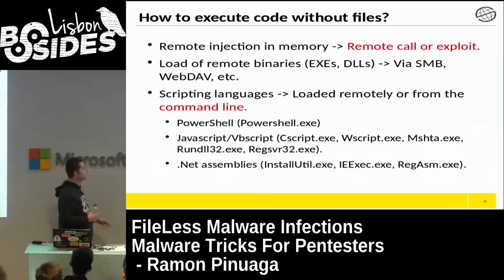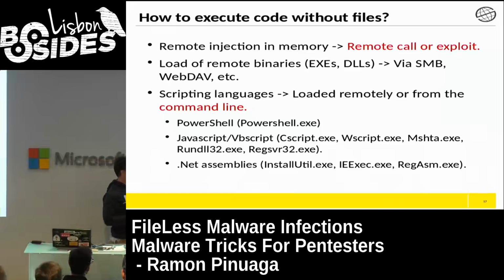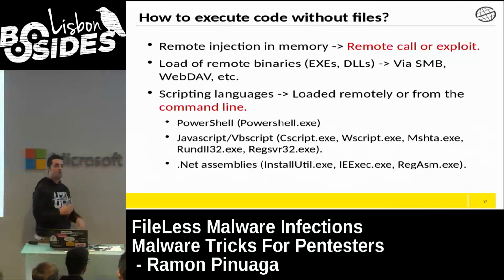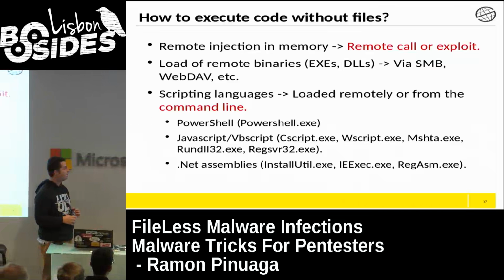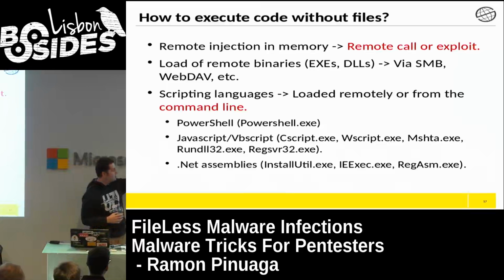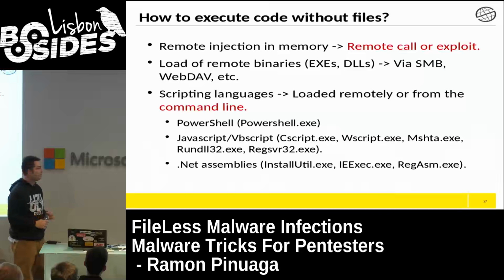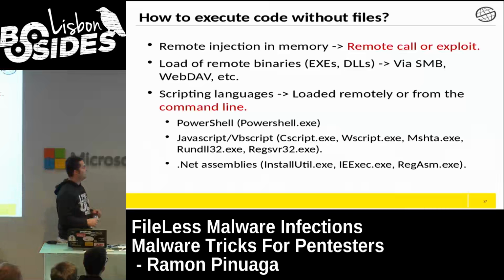For example, we can use cscript, we can use mshta, rundll32. We can use different binaries for loading this kind of scripting. And all these binaries are by default in our Windows versions. So we can choose our way of launching the malware.